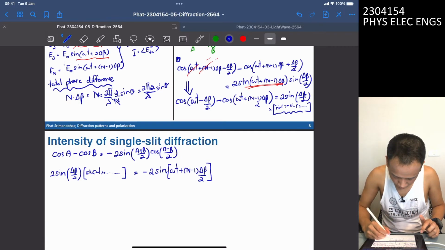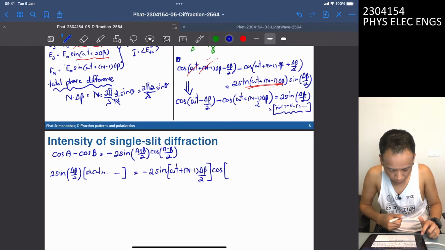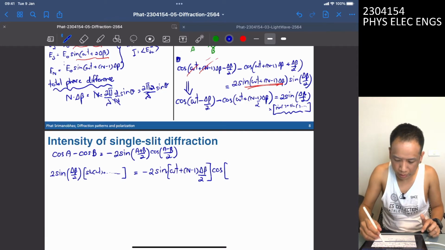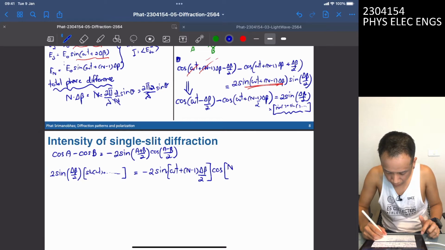For the last term, A minus B, omega t minus omega t cancels. Minus half of this one and then minus of this one, you get minus n, and then plus half here, so it cancels, so it becomes minus n. Sine of minus n is n, so you get n delta beta over 2.